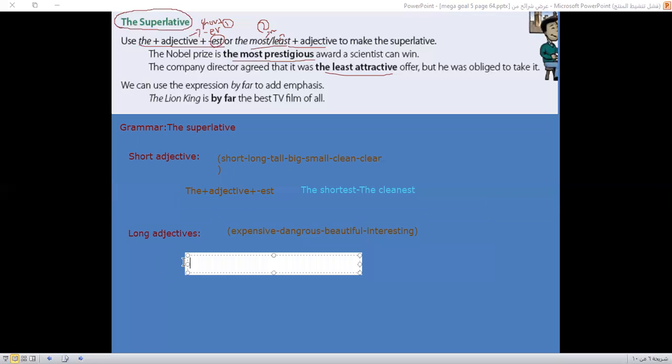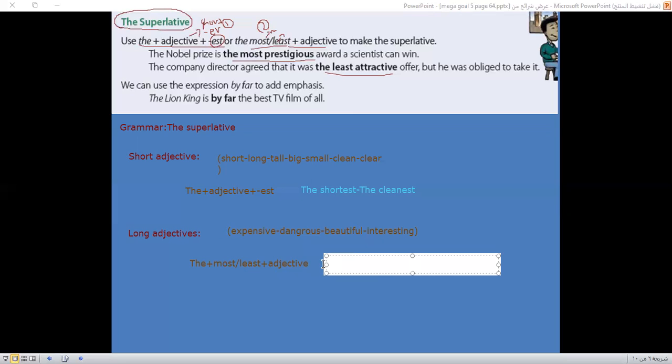Okay, and the form is going to be the, and then most or least, and then the adjective as it is. So they are going to be like the most expensive, or you can say the least interesting.